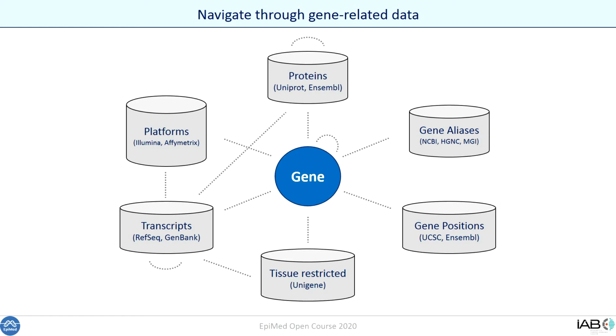In fact, if you have already experience in analyzing omics data, you know that the measurements we have in omics data are always related to genes, to transcripts, to proteins, and these genes, transcripts, proteins are annotated as gene symbols or gene identification numbers, protein identification numbers, transcript identification numbers, which come from certain public databases.